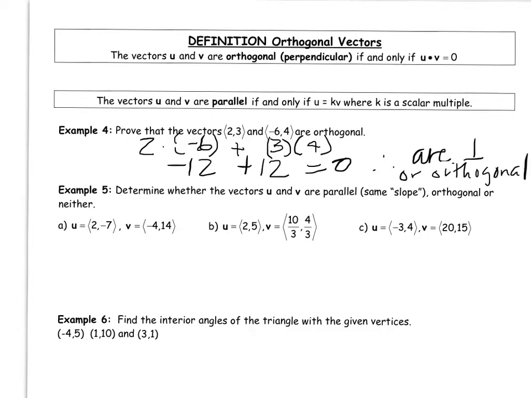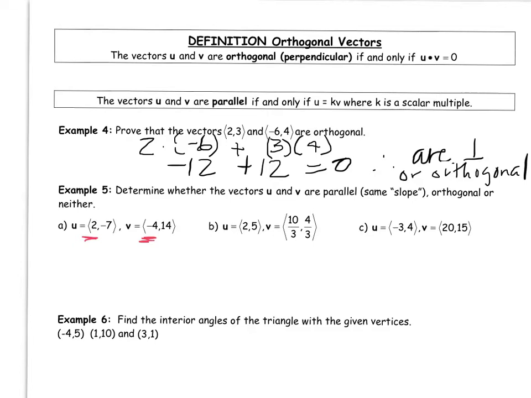Okay, now for example 5, A, B, C, they ask if we can prove that these vectors are perpendicular, parallel, or neither. So looking at example 5A, u in component form is 2, negative 7, and the component form of vector v is negative 4, 14. Now look at these two, and you can see that the A component of u and the A component of v are kind of similar.